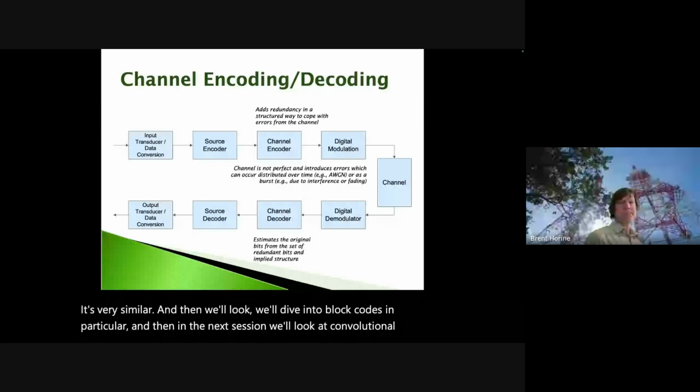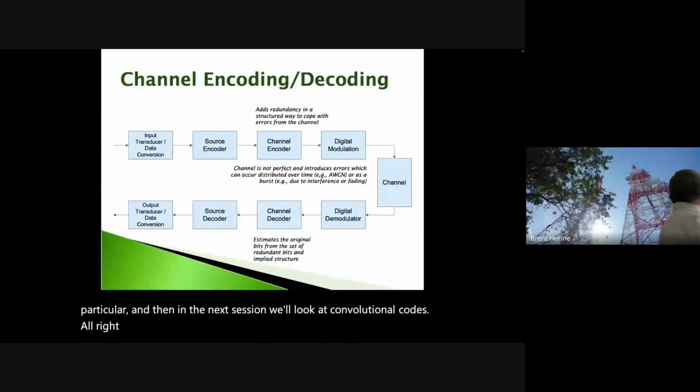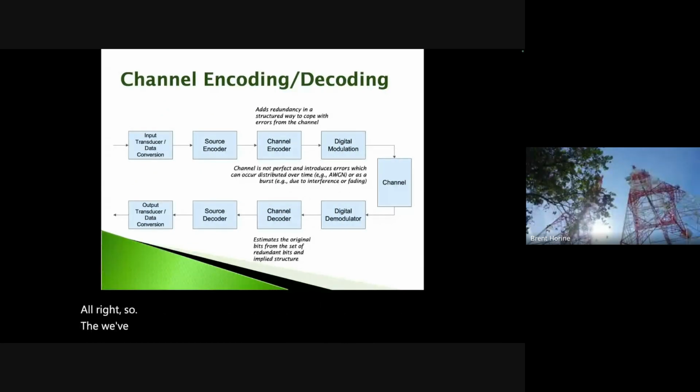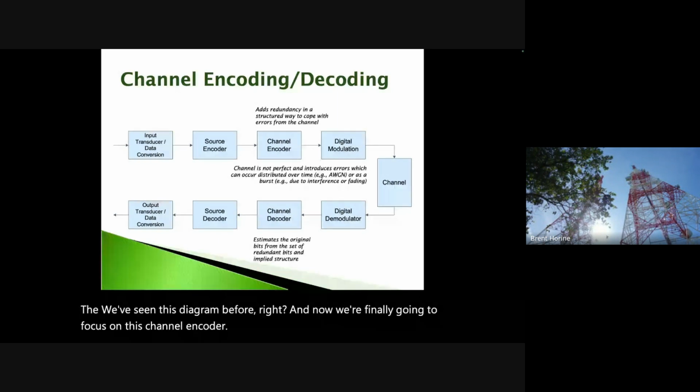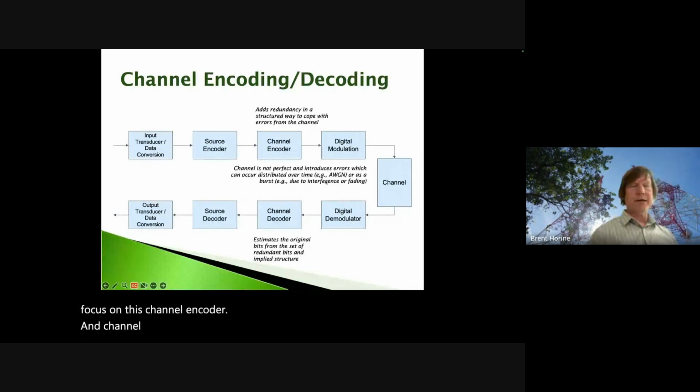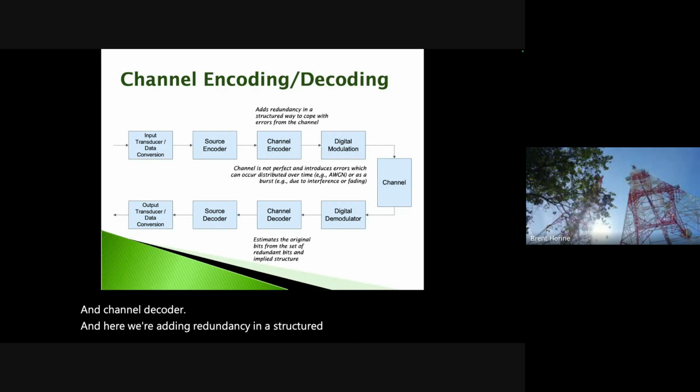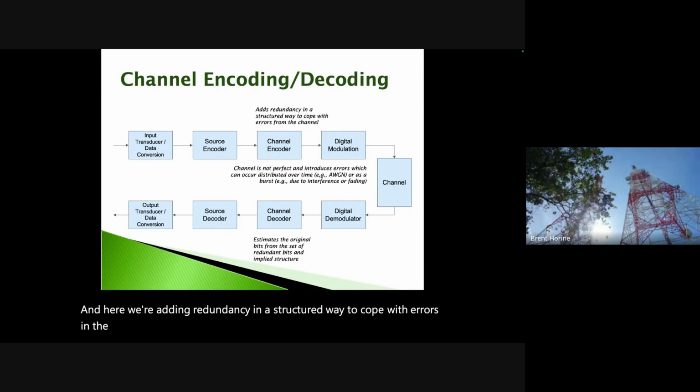All right. We've seen this diagram before, and now we're finally going to focus on this channel encoder and channel decoder. Here we're adding redundancy in a structured way to cope with errors in the channel. The channel is not perfect. It introduces errors which can occur distributed over time.